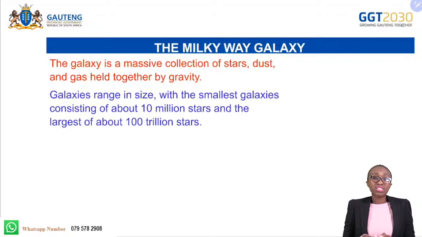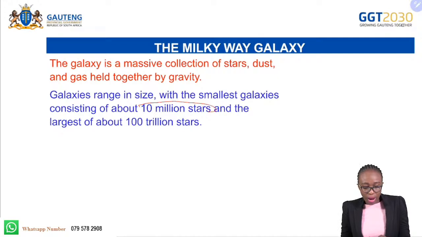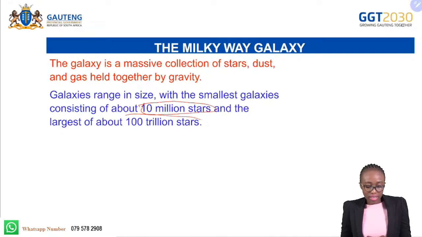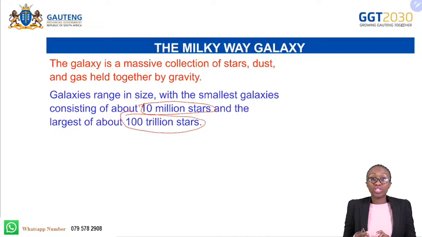Some are spiral, some are elliptical, and some are irregular. They also differ in size, with the smallest galaxy consisting of about 10 million stars and the largest galaxy having 100 trillion stars. So not only are they different in shape, they are also different in size.